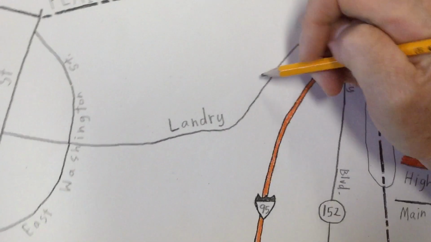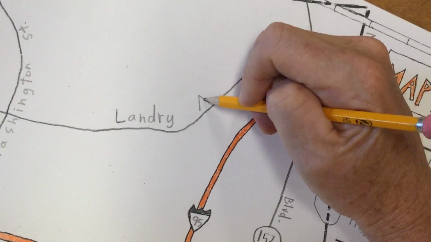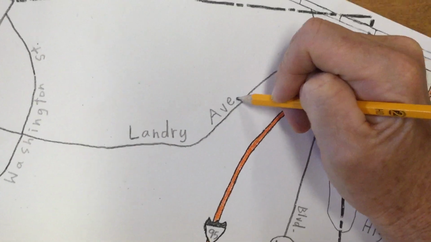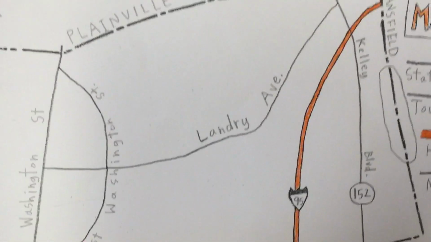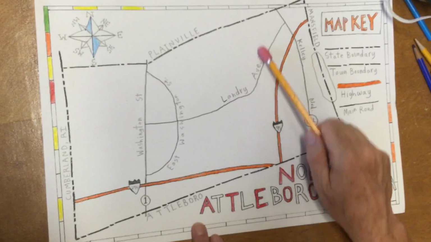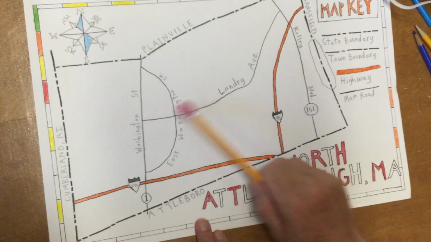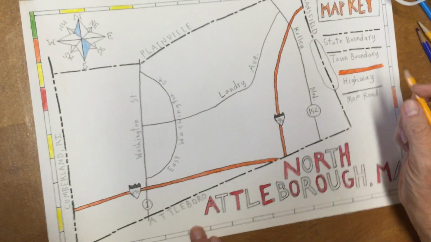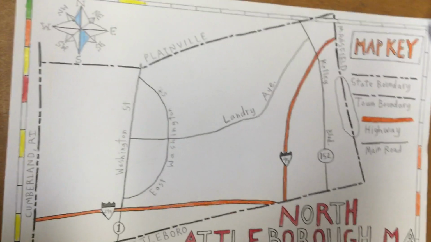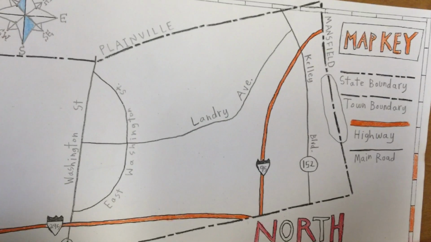L-A-N-D-R-Y Avenue, Landry Avenue. Okay, and I believe the high school is located along that road. Another school up here too. Okay, all right, so there's 3 roads. Take your time, get that road drawn in.